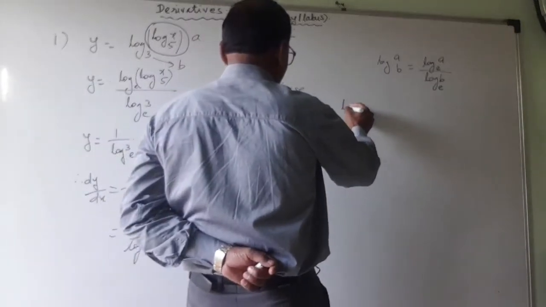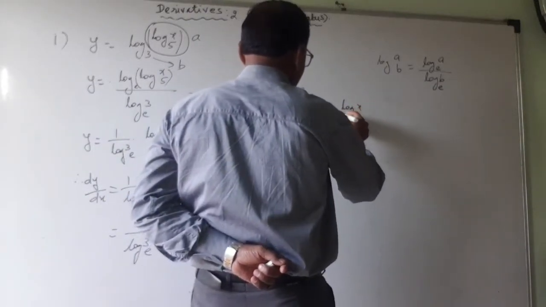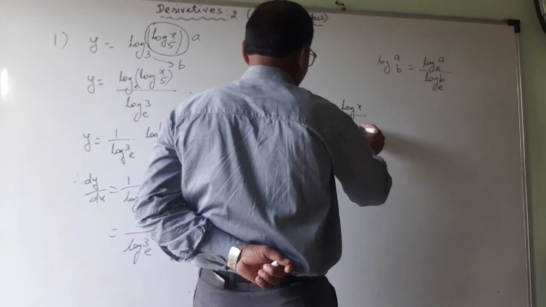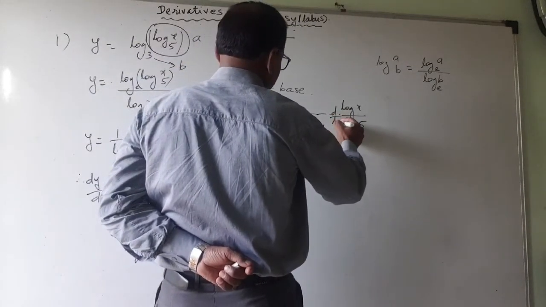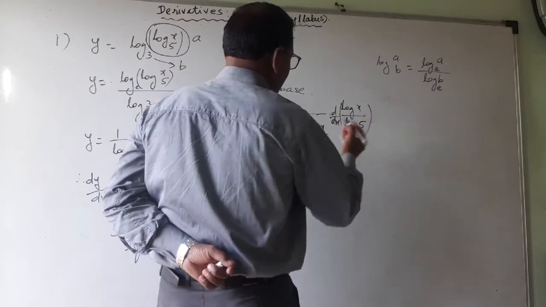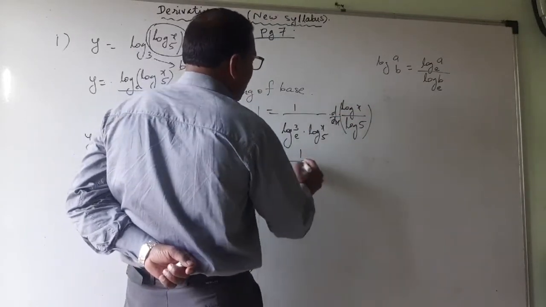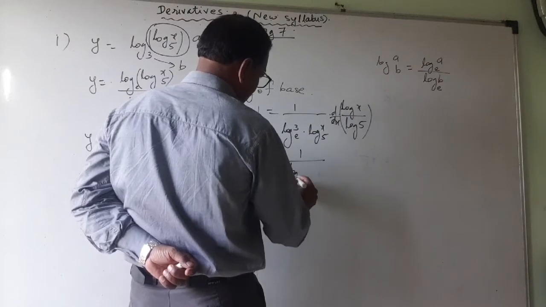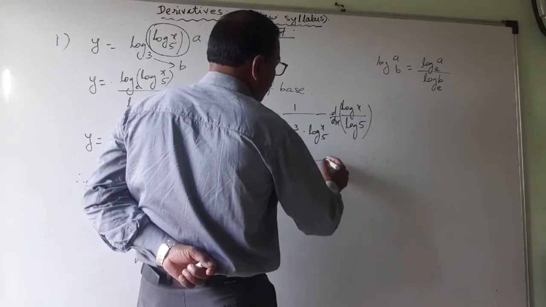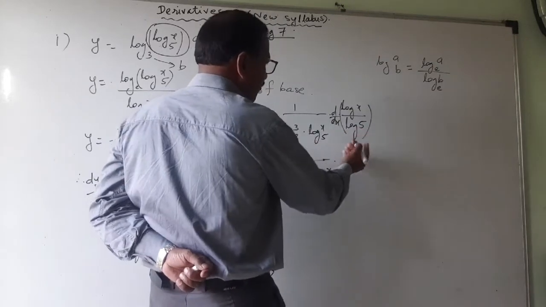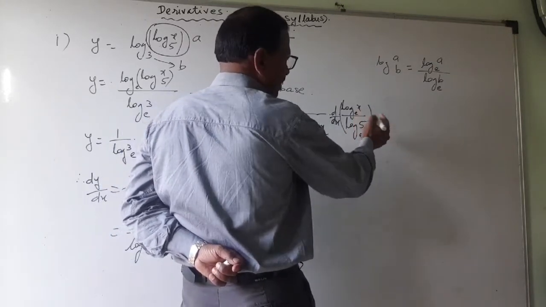That is equal to log of x upon log of 5, and its derivative I want to take, d by dx. I am just mentioning it, I want to take it. So 1 upon log of 3 to the base E into log of x to the base 5 into this 1 upon log 5, base is E, don't forget base.